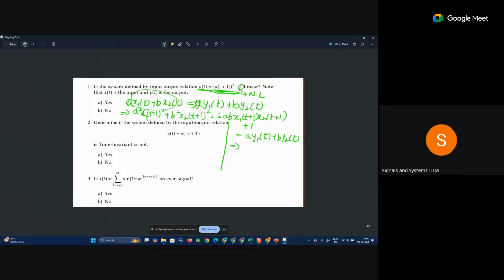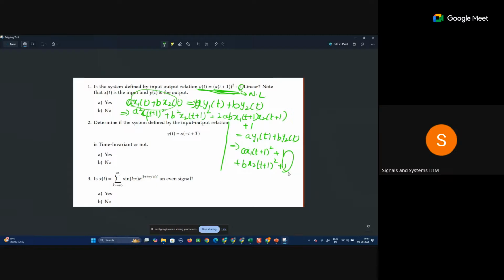But if we give the input a x1 of t, it will be a x1 of t plus 1 whole square plus 1 again, plus b x2 of t plus 1 whole square plus 1.